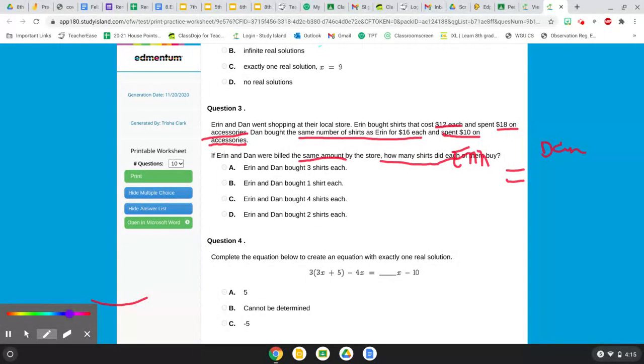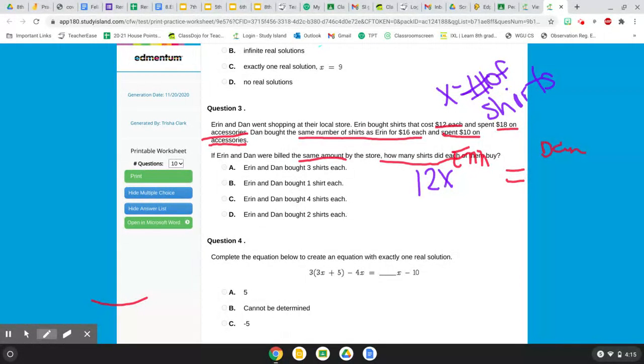If we don't know something, we're going to say it's a variable. So I'm going to say x equals number of shirts. All right, so $12 on each shirt, that's saying $12 times the number of shirts. So that is going to be represented by 12x.